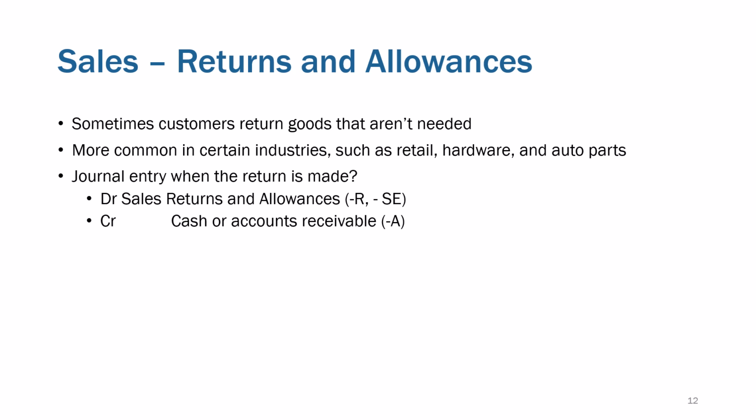Net revenues are going to be the same at the end of the day, but a company wants to track what its sales returns are, because if sales returns are getting abnormally higher, as an example, that might be a sign that the product isn't as good. So the company wants to track that separately. On the income statement, they would usually report net revenues, so they would not break out for investors and creditors the amount of returns. They could in a footnote if they wanted to.